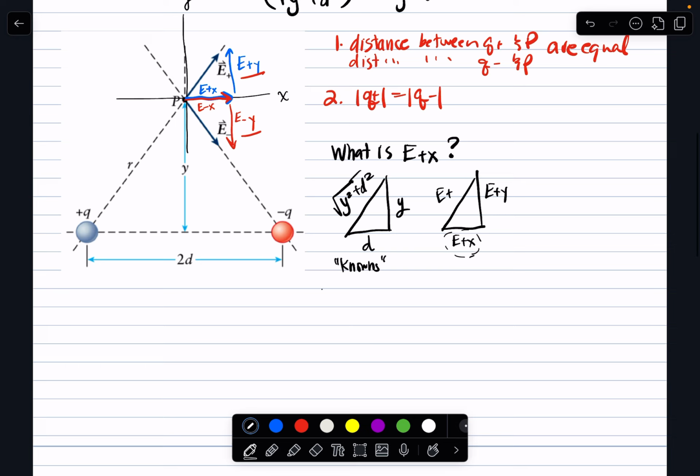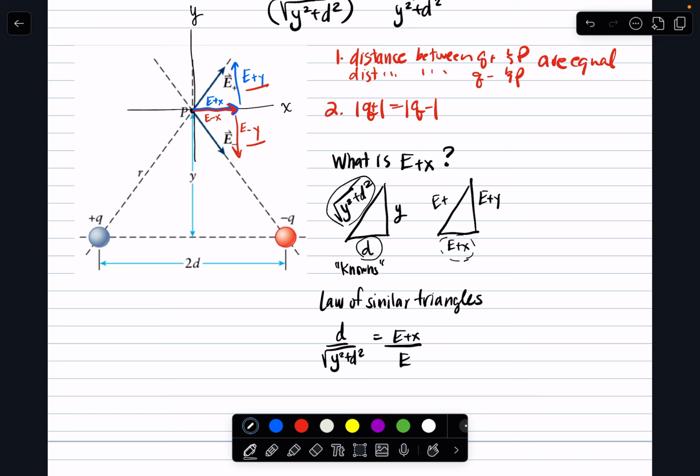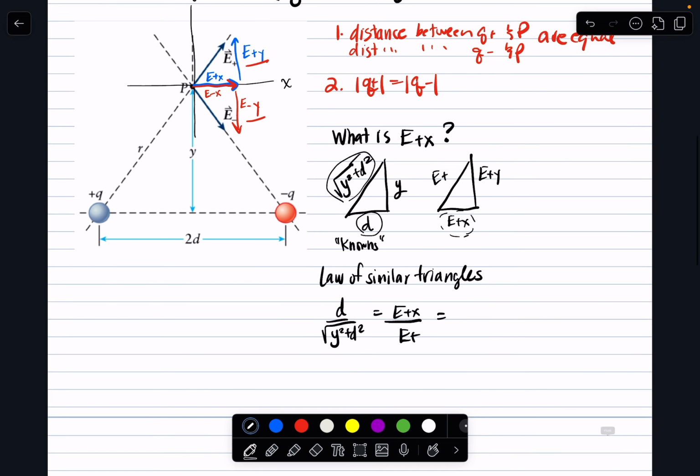So we'll use the law of similar triangles, which states that the ratio of the sides are equal. So the ratio of these two sides should equal the ratio of E plus X to E plus. Okay, so we can solve for E plus X, which is our unknown. I'll put parentheses there so we don't get confused, because that's a subscript.